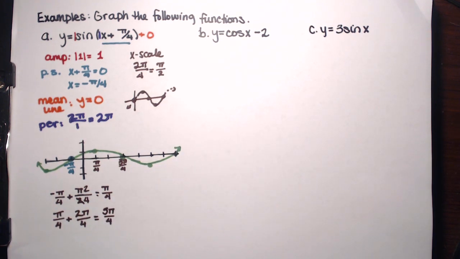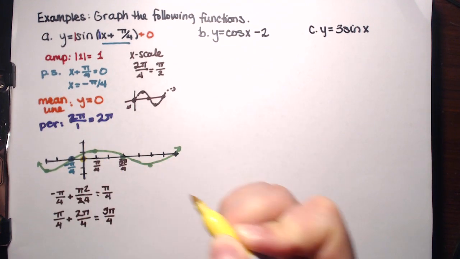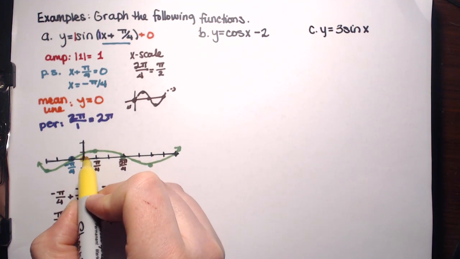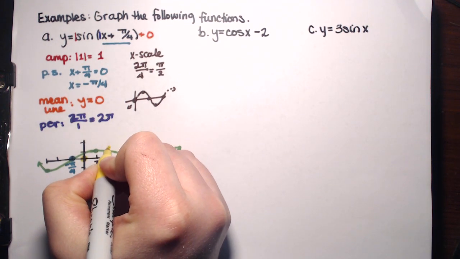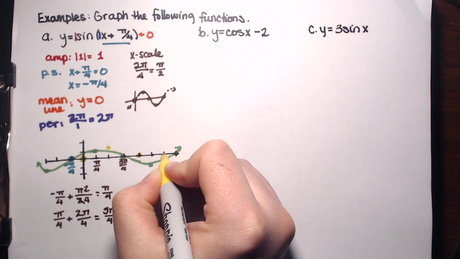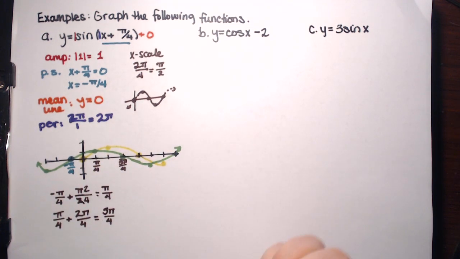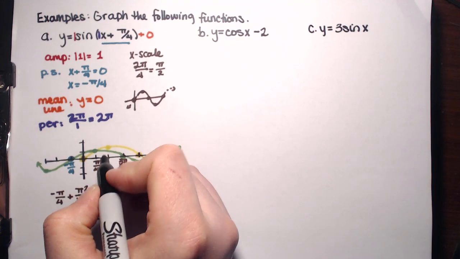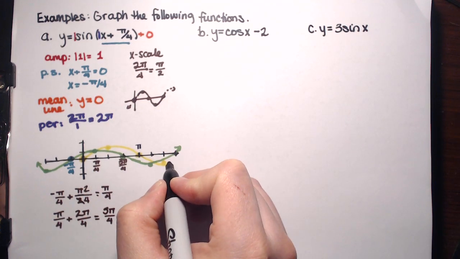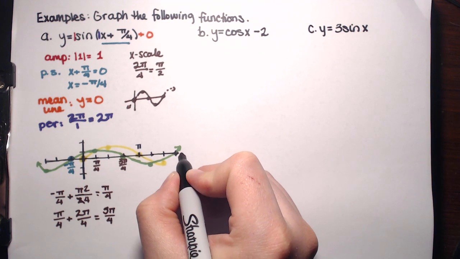of our function. Now for some context, if we didn't have that phase shift, that's what the graph would be looking like, but going, of course, in both directions.